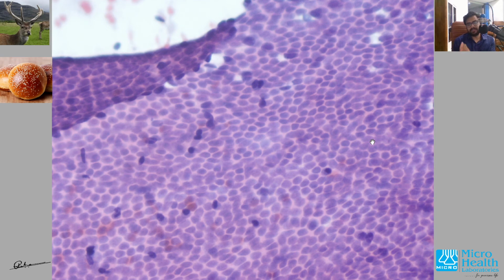So these are features. But what do you see on top of this, like some dots? These are the nuclei of myoepithelial cells. So on top of the ductal epithelial cells, we can see myoepithelial cells like this. This appearance is called the sesame seed on bun appearance.